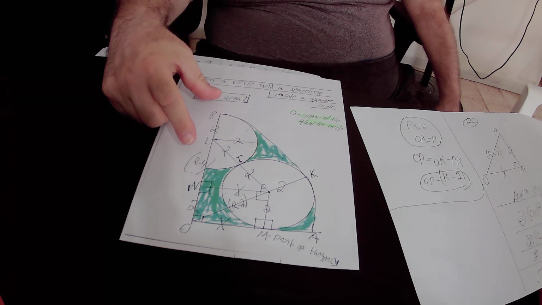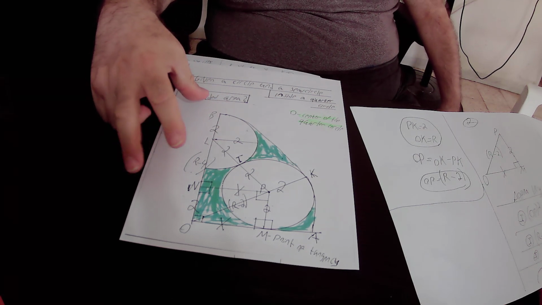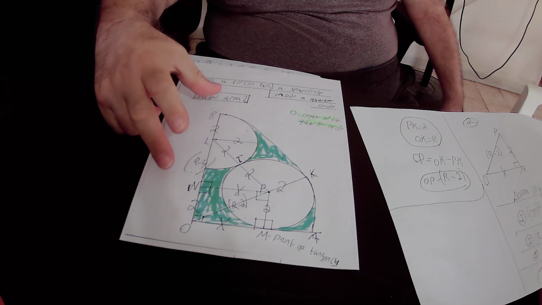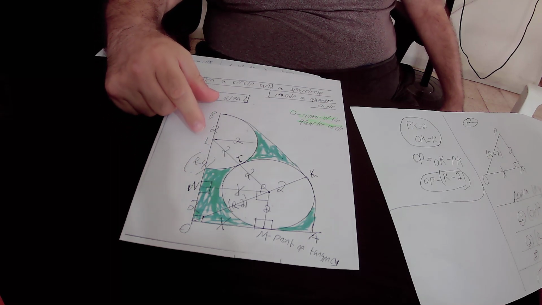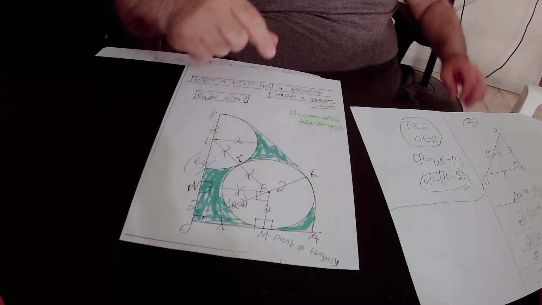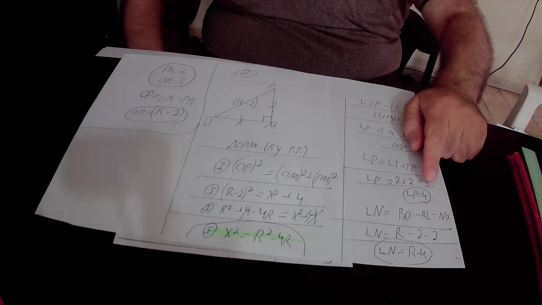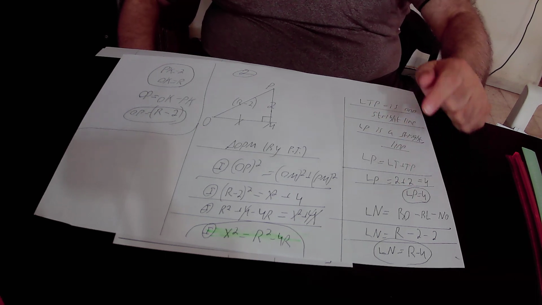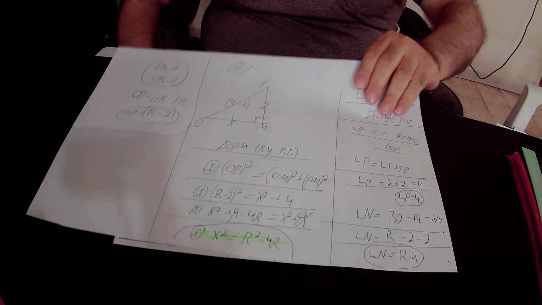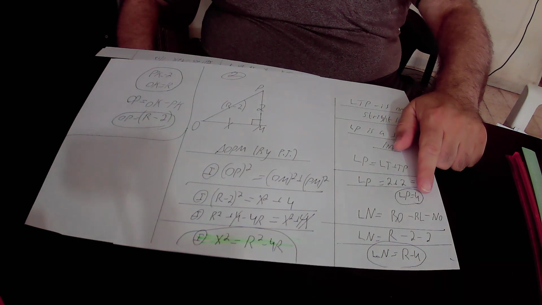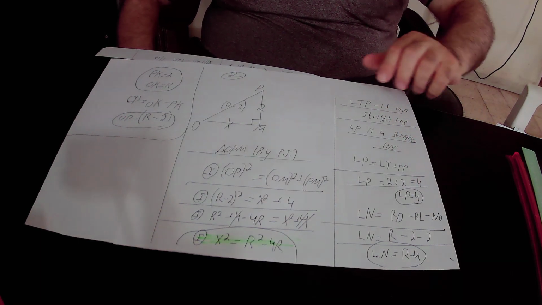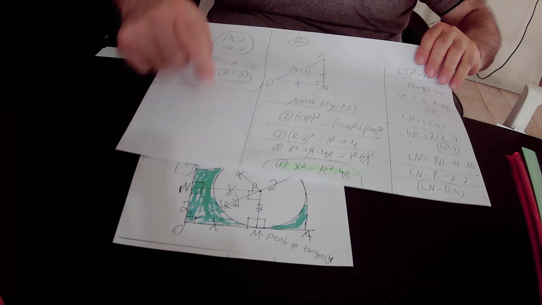The length of line segment LN will be equal to BO, that is the radius of the quarter circle, minus BL, that is the radius of the semicircle, minus ON, that is equal to 2.